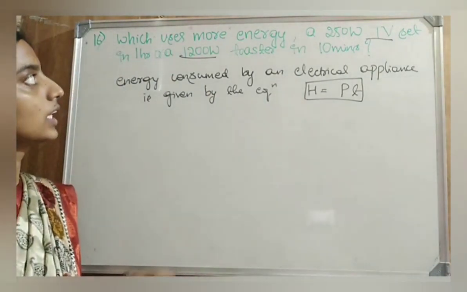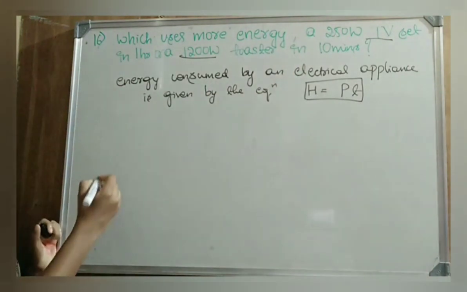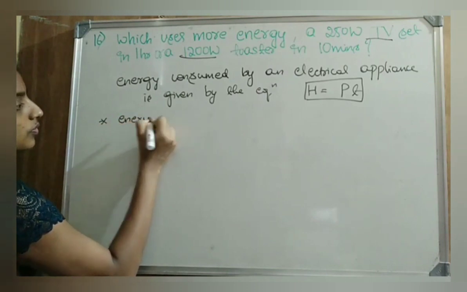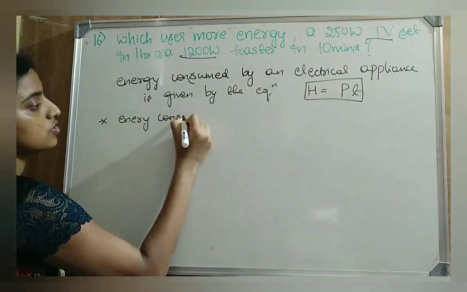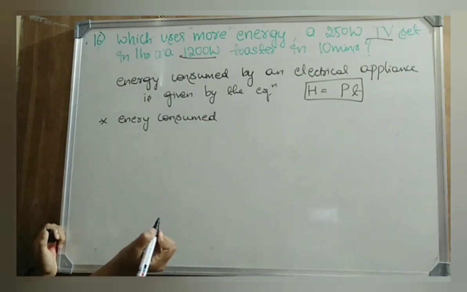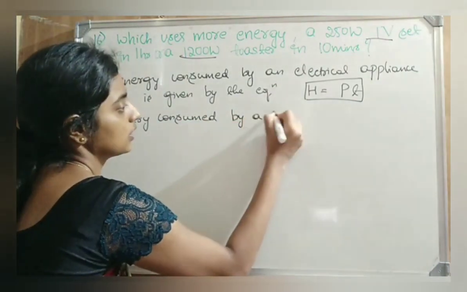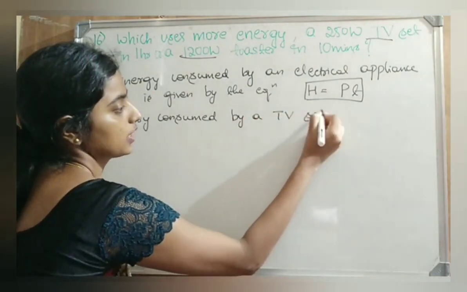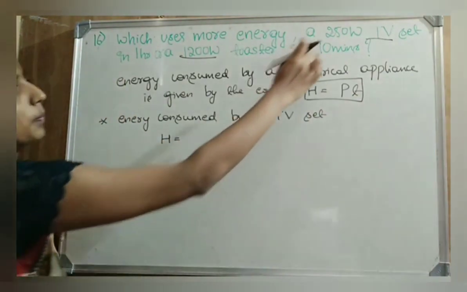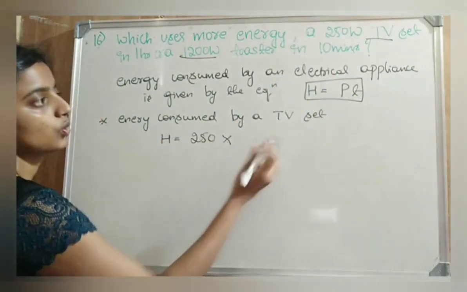Now let us calculate for the TV first. Energy consumed by a TV set is given as H is equal to P, that is power, 250 watt, into time.